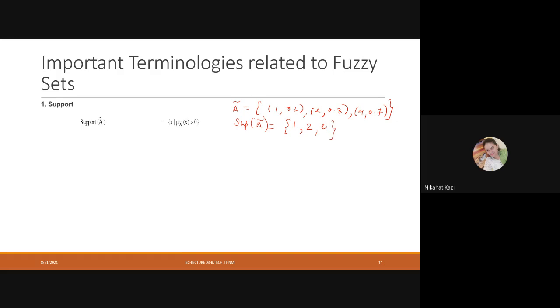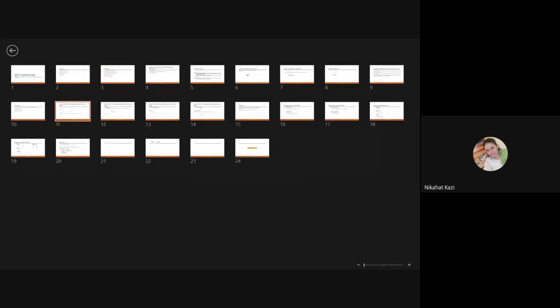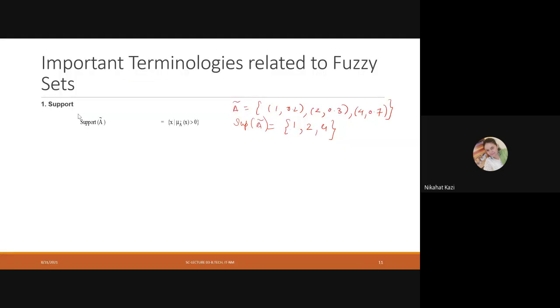That's it. The elements, not the membership. It's a crisp set. The support of a fuzzy set is a crisp set such that the membership of that element in the fuzzy set is non-zero. It's greater than 0.